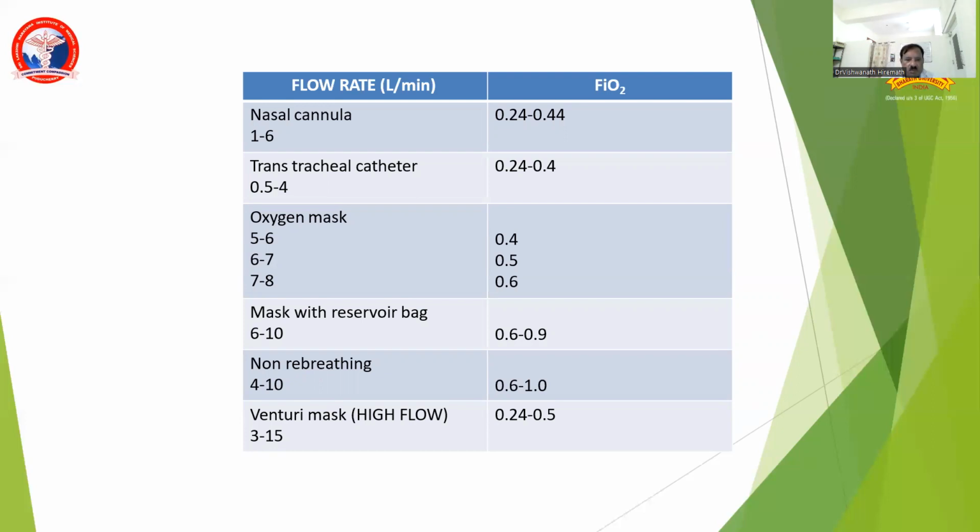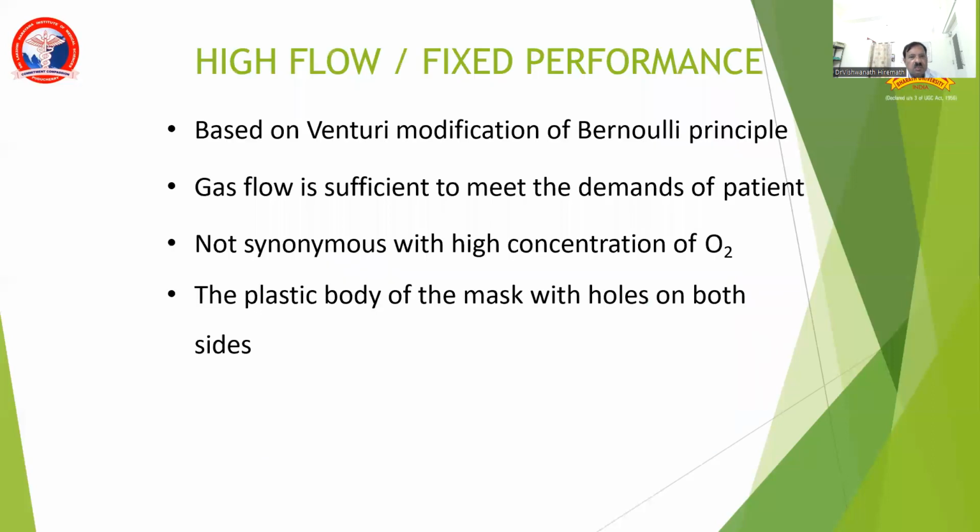Non-rebreathing, 10 to 15 liters will provide FiO2 of 60 to 100%. Venturi mask, high flow, 13 to 15 liters per minute can provide FiO2 of 24 to 50%.